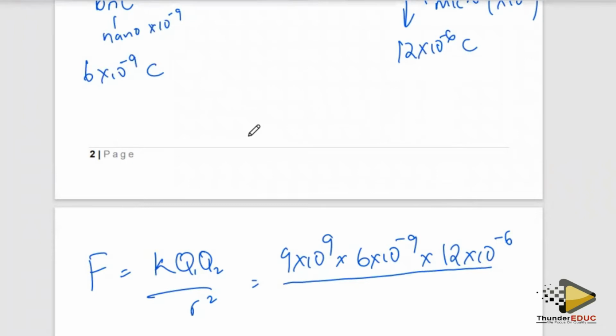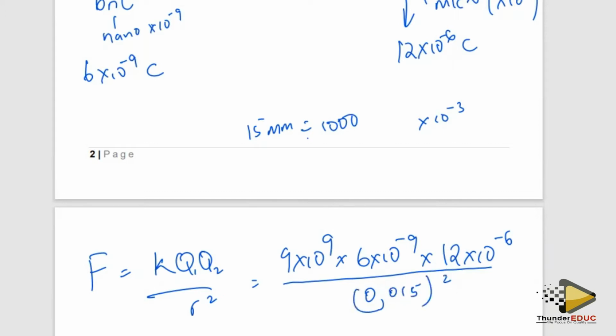We said it was 15 millimeters. When converting millimeters to meters, you usually divide by 1,000, or multiply by 10 to the negative 3, whichever is easier. That's going to be 0.015.